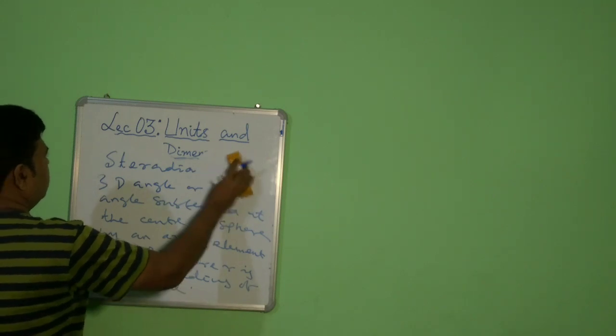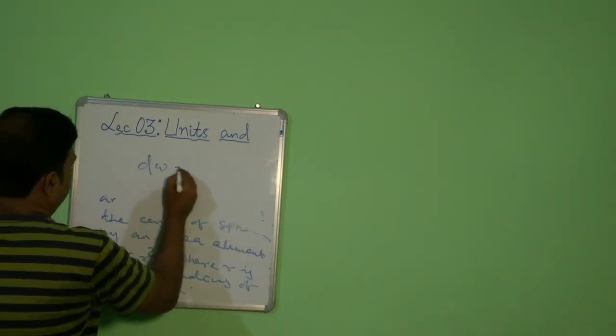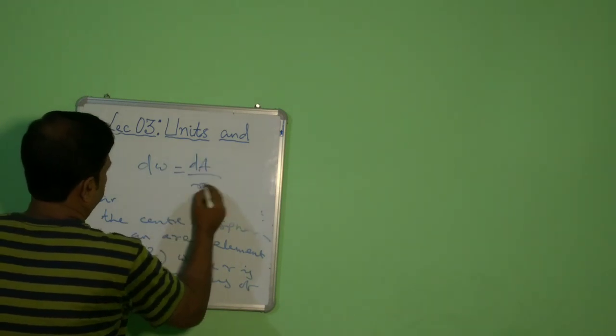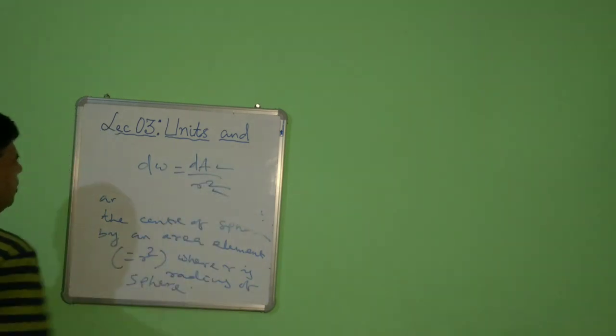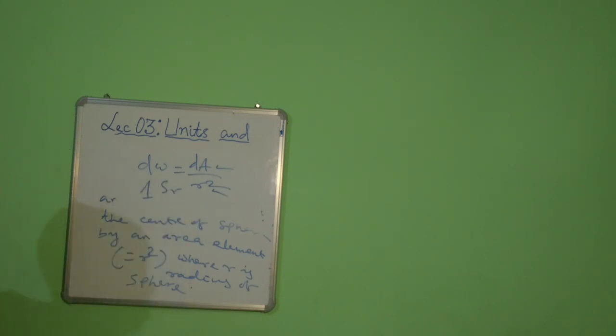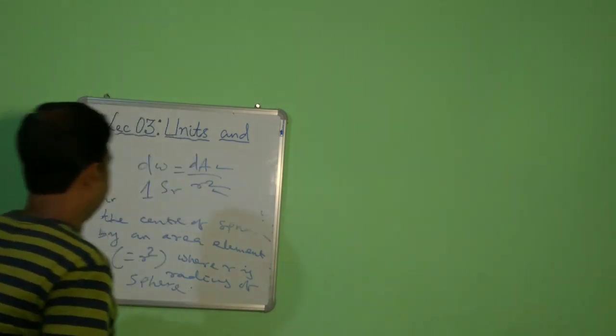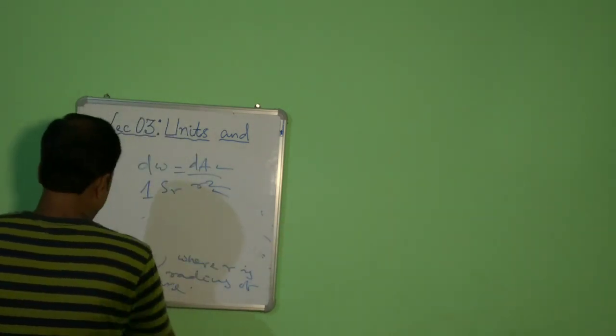d omega equals dA upon r square. So when dA is equal to r square, d omega becomes 1 steradian, isn't it? So d omega becomes 1 when dA is equal to r square, where r is the radius of the sphere.